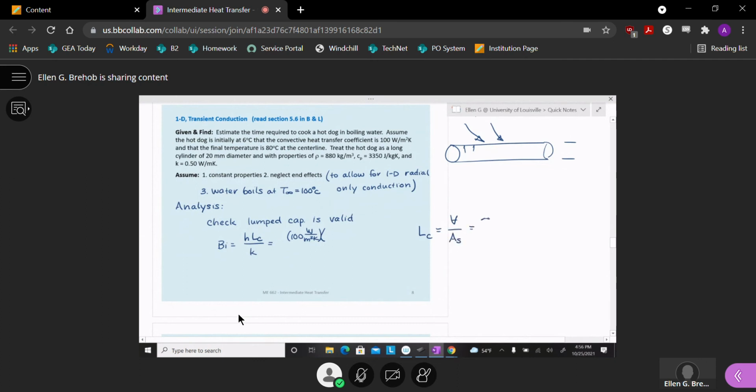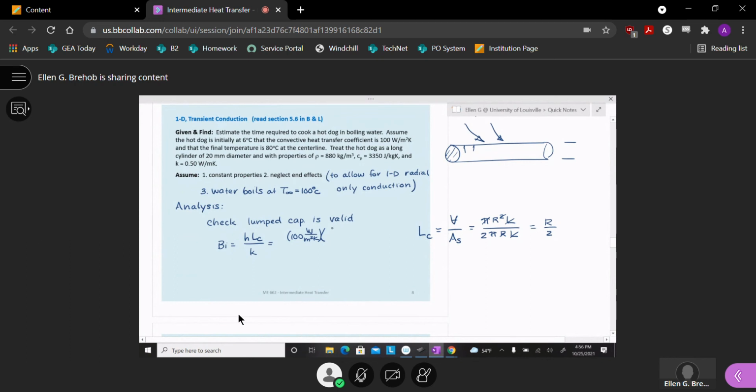So volume would be pi r squared L, and surface area would be 2 pi r L, right? Okay. And again, we haven't considered heat loss off these ends, so our surface area is just the cylindrical area.